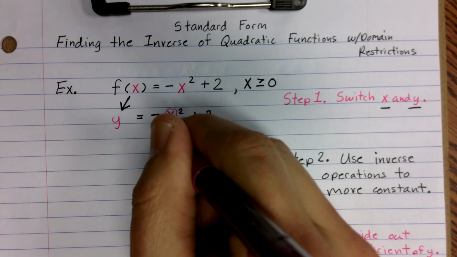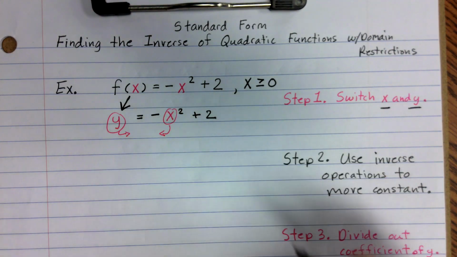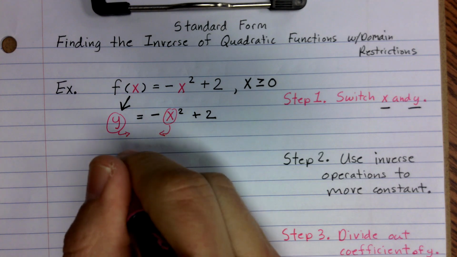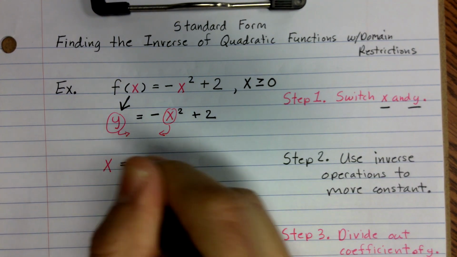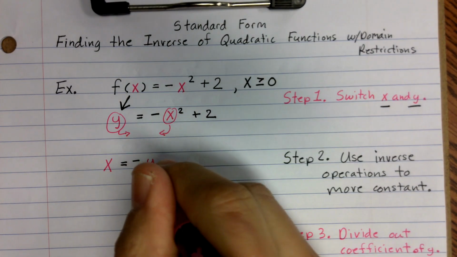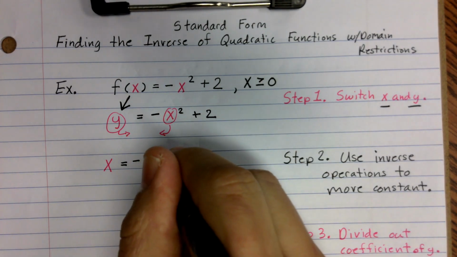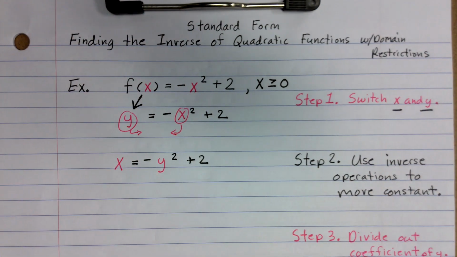My x is going to move over to where the y is, and the y value is going to move over to where the x is. So when I rewrite this, it's actually going to become x is equal to negative y squared plus 2. So we've completed step 1.